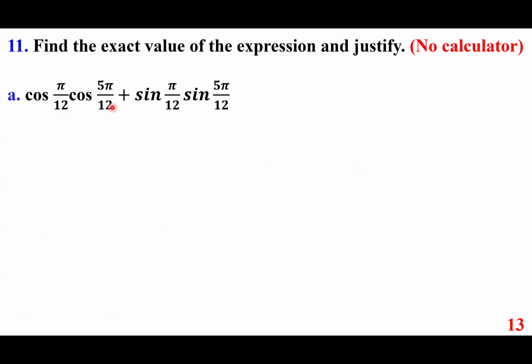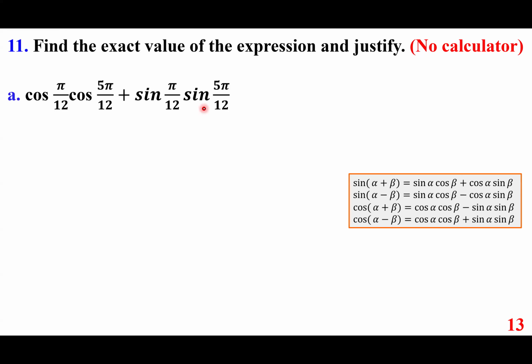Cosine of pi over 12, cosine of 5 pi over 12 plus sine of pi over 12, sine of 5 pi over 12. And I hope you recognize this one as cosine of alpha minus beta. So cosine of pi over 12 minus 5 pi over 12. Let me just write it so you recognize this one, okay?